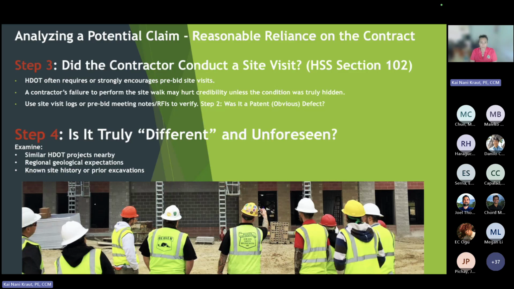Would they make this assumption based on the contract, not solely on the contract? If it's not in the contract, that's not the full test. It's got to be not in the contract and a latent, unseen, hidden condition that nobody, a reasonable person, would ever say. So to me, that's the quarry example. There's not one reasonable person that would assume that a quarry existed. I guess you could go back in historical records, but anyway, yeah.